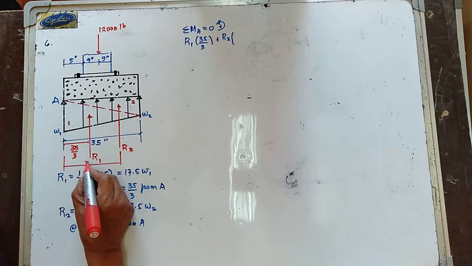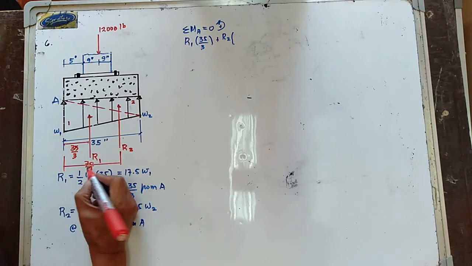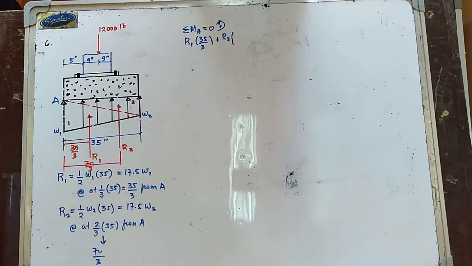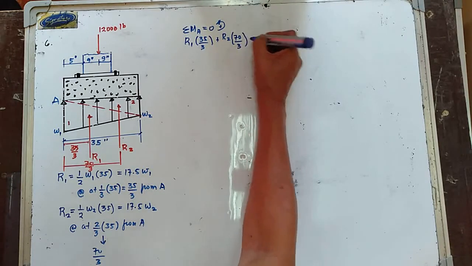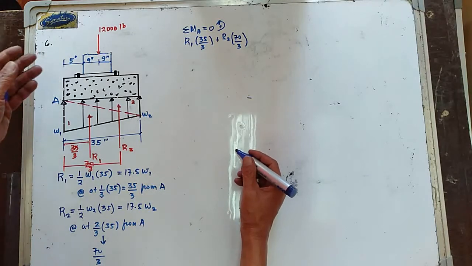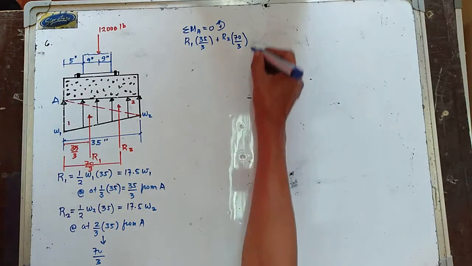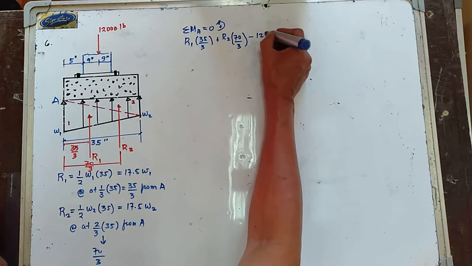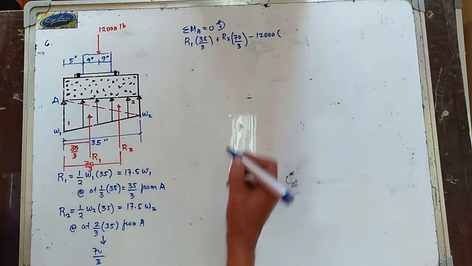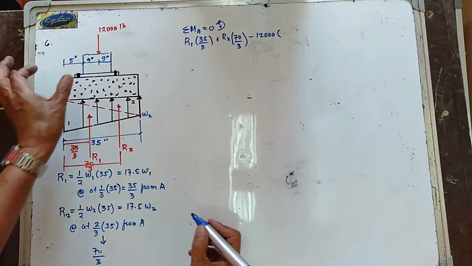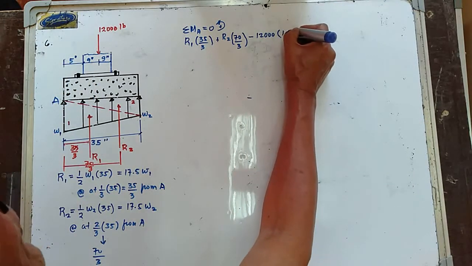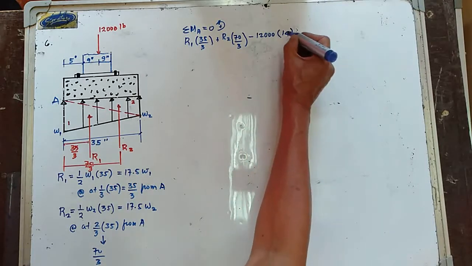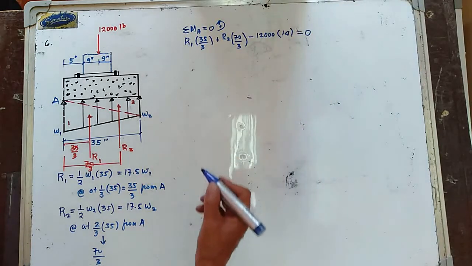This is going clockwise, so minus 12,000 multiply this one by the moment arm, 5 plus 9, or that is equal to 14 inches. And this is equal to 0.